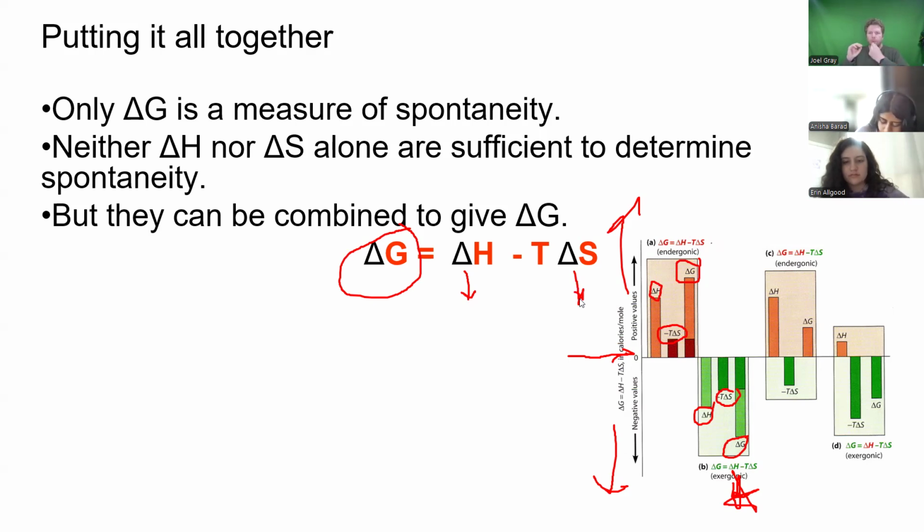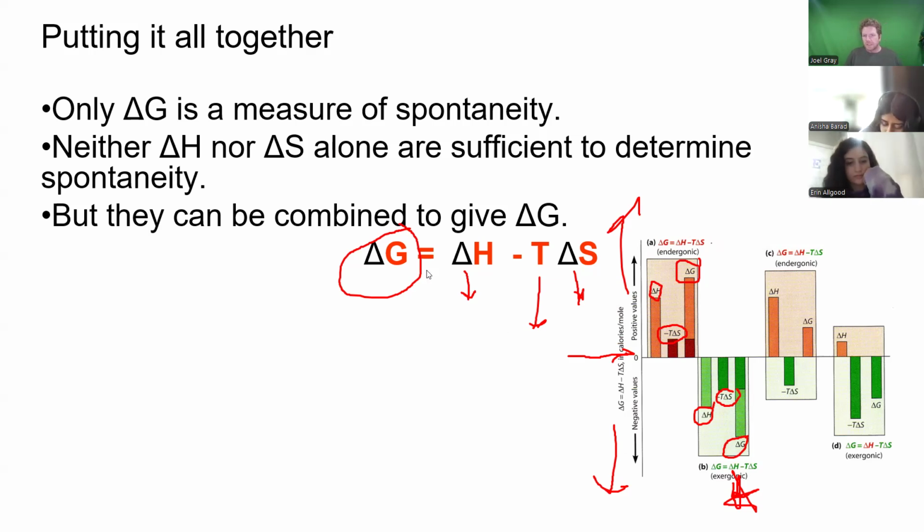And then T is another part of this equation: what's the temperature at which this reaction took place? When we have all of those variables, delta H, T, and delta S, taken into consideration, we can conclude that the free energy change of this reaction is negative. Therefore, our reaction is going to be spontaneous.